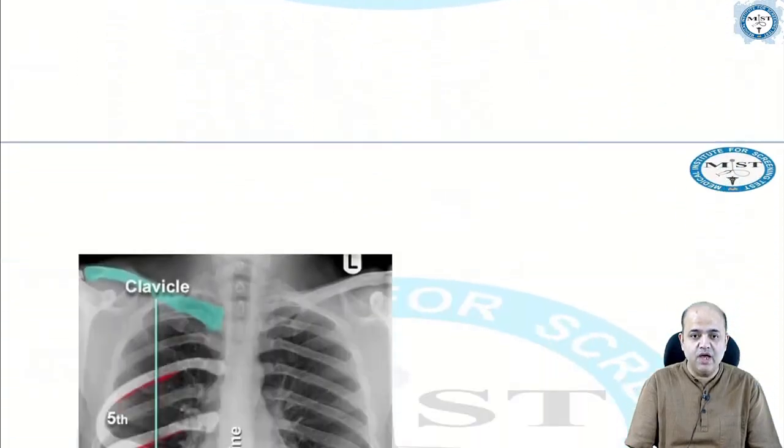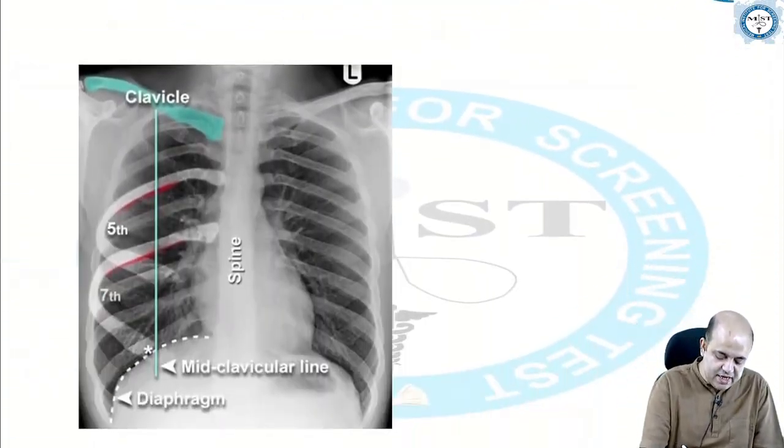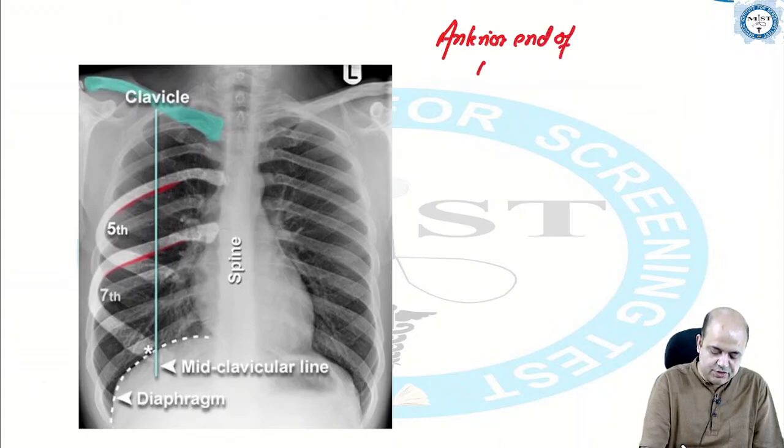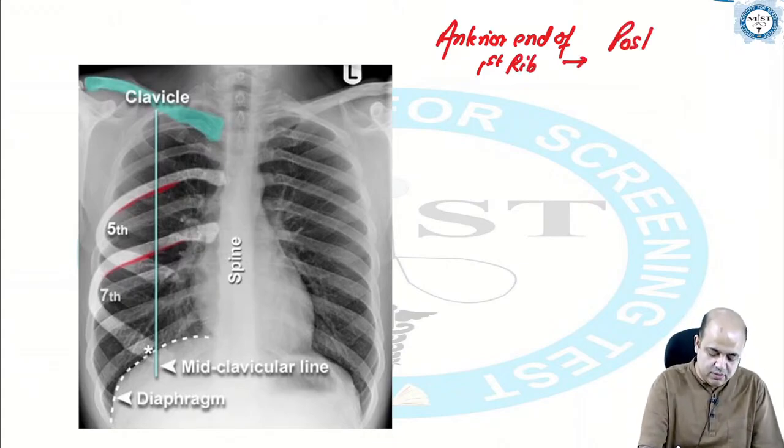So how do we count the ribs? We count the ribs from the anterior end of the first rib, and then we go back to the posterior end of the first rib.